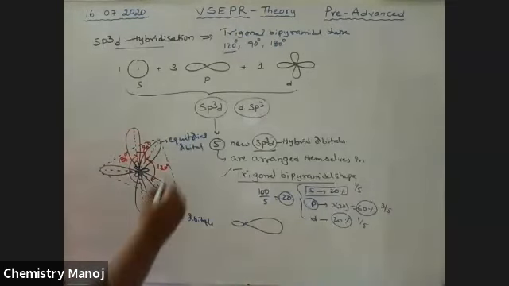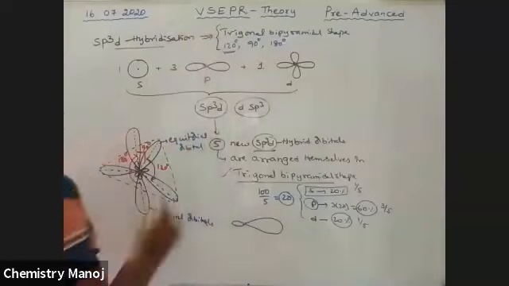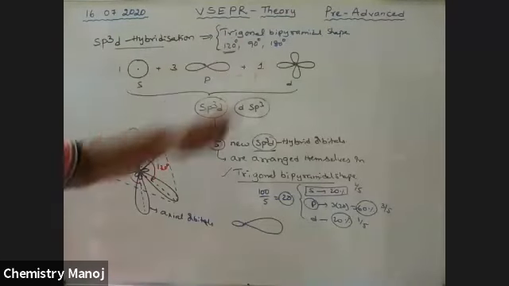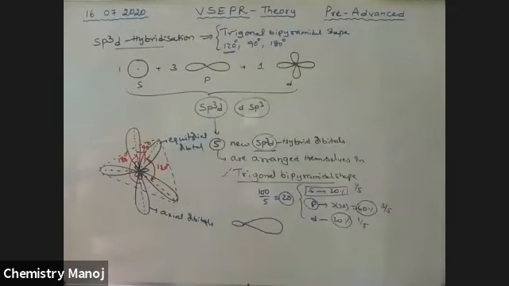So these are the bond angles. Any molecule having this hybridization must have a trigonal bipyramidal shape, and these are the bond angles.